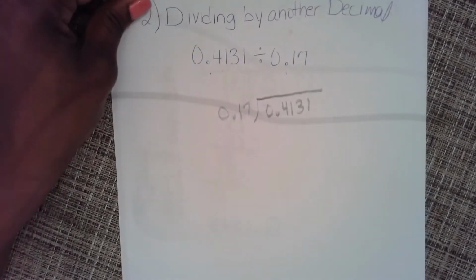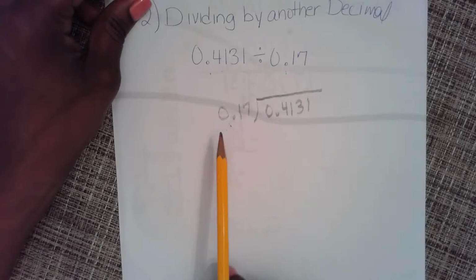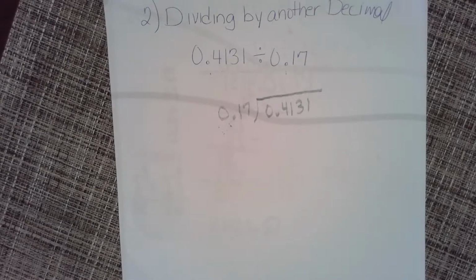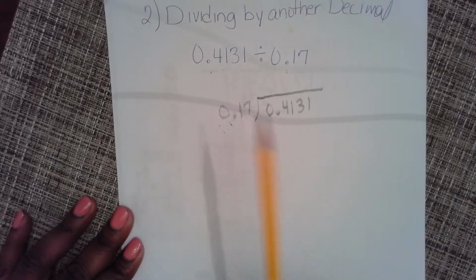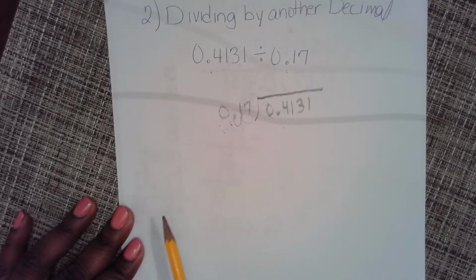Now, I mentioned in the earlier problem that your divisor cannot have a decimal, so you have to move the divisor decimal so it is a whole number. This is why in the first video we were looking at moving or multiplying by powers of 10 and how the decimal moved. So essentially, my divisor and my dividend have to move the decimal twice to make 17 hundredths a whole number, twice to the right, which means essentially I'm multiplying by 100.